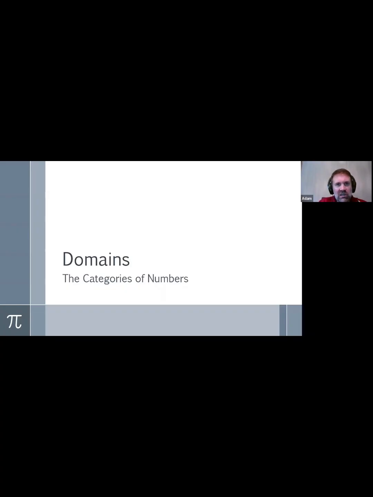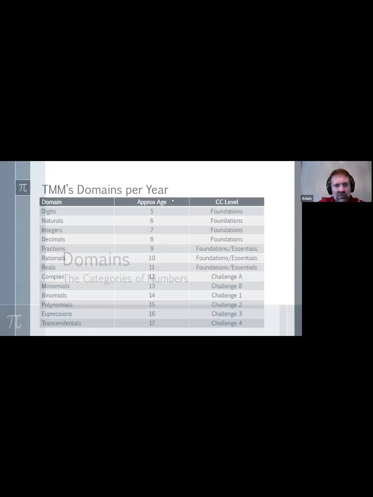So here I have a presentation, and I would hope that you may learn something through this. As you see here, domains, the categories of numbers. So let's move on, and we will talk about these domains. As I said, you're going to basically do domains each year.